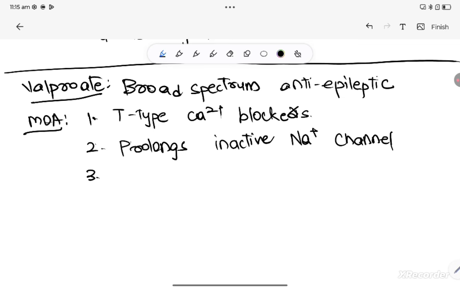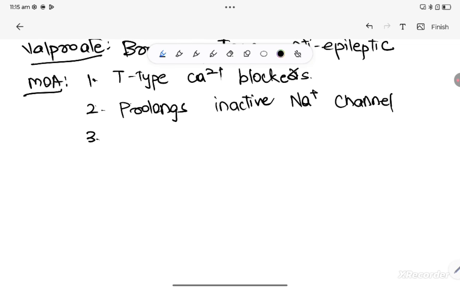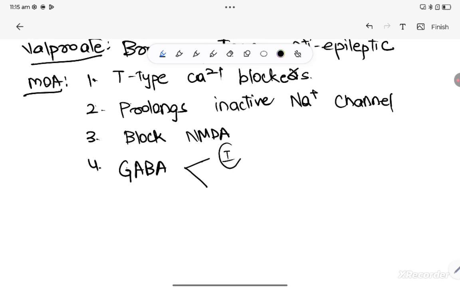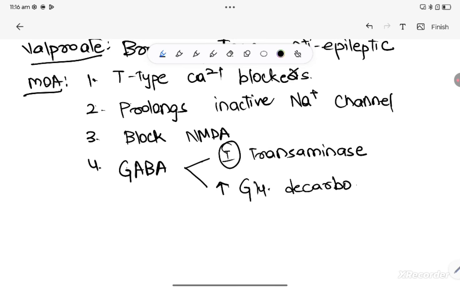As well as it reduces glutamate by blocking NMDA, and also it acts through GABA. It increases GABA mainly by two mechanisms. It inhibits GABA transaminase, which is an enzyme used for the metabolism of GABA, as well as it increases glutamate decarboxylase enzyme, which is responsible for synthesis of GABA from glutamate.